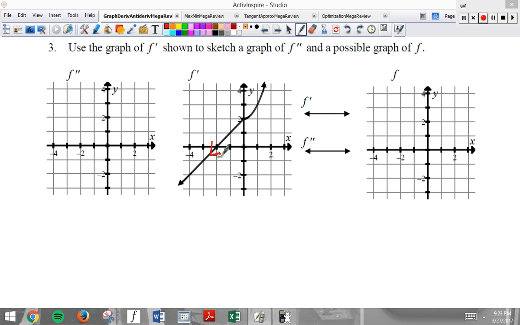Here's an x-intercept. So it's a possible critical number. It's going to go on my f prime number line. It should be over here. Any places I see slope is 0? Nope. Anyway, what I notice is that this line is a line.